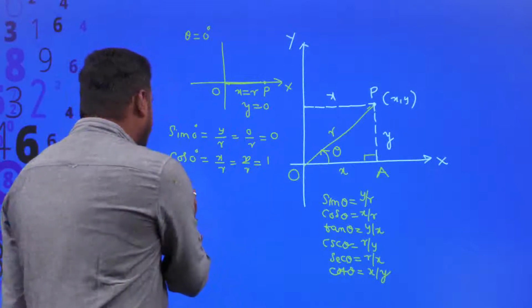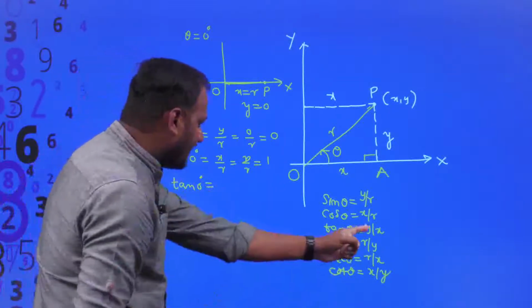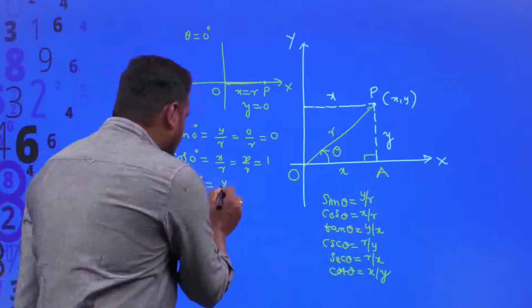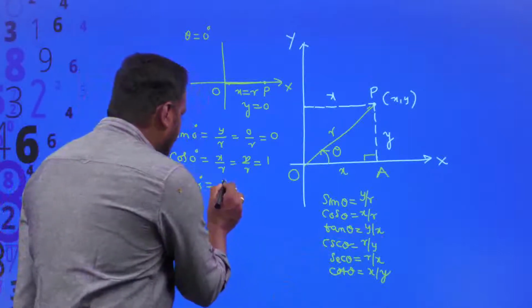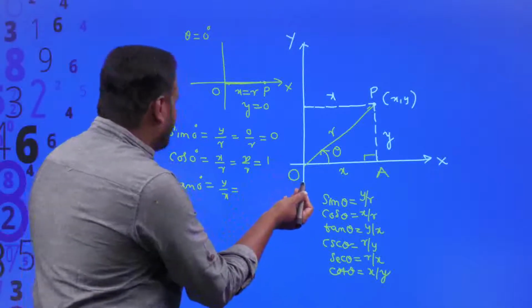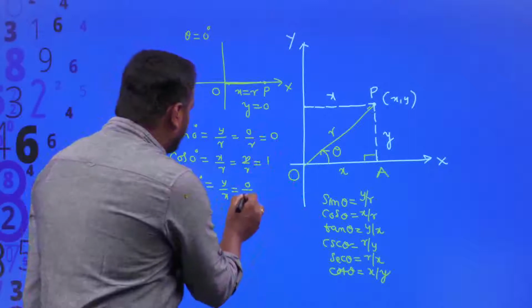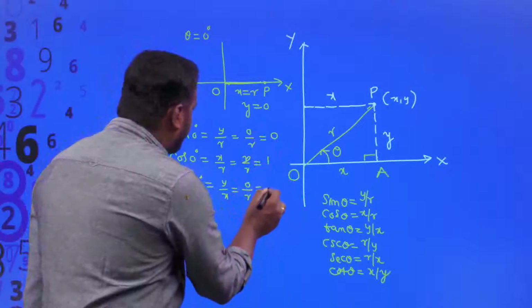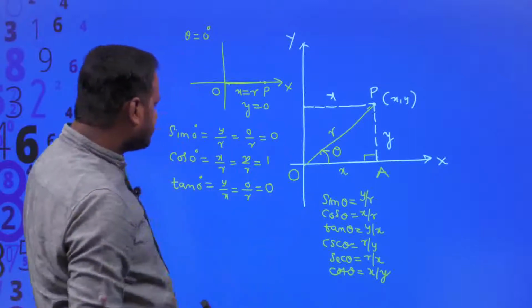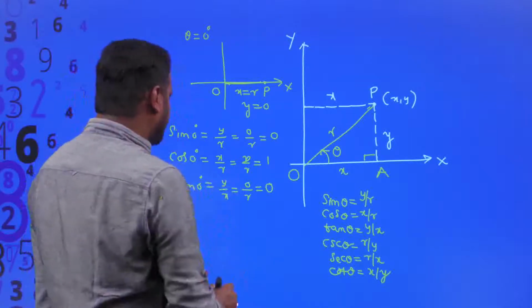Coming to tan, tan 0 degrees is equal to y divided by x. What is the value of y? y is equal to 0, divided by x, which is R. 0 divided by anything is equal to 0, right? So tan 0 degrees is equal to 0.